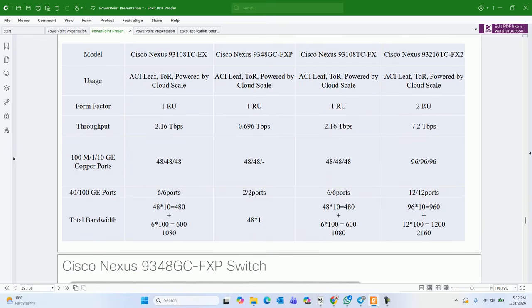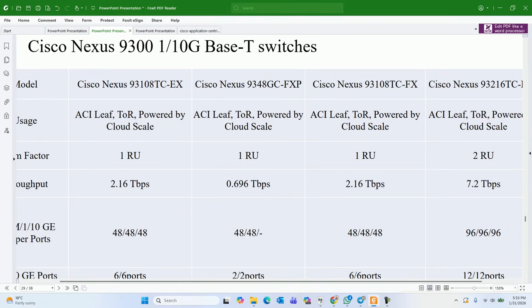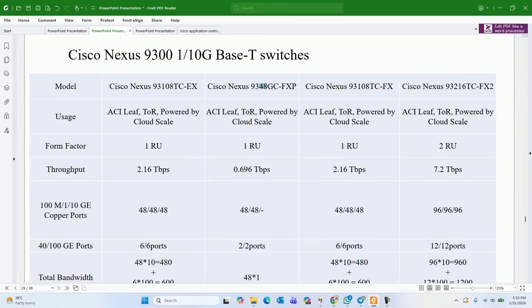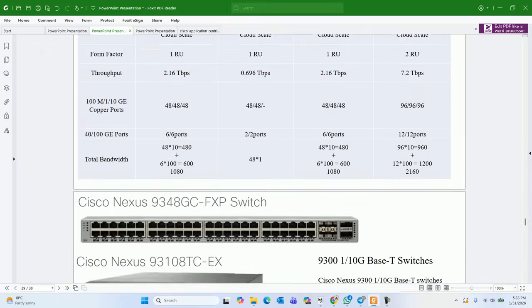It's only required if you have interfaces with different speeds. With 9348, it means we have 48 interfaces, all with the same speed. When the switch ports have different bandwidth, only then will you see names like 108, 216. Otherwise, all the switch ports have the same bandwidth.